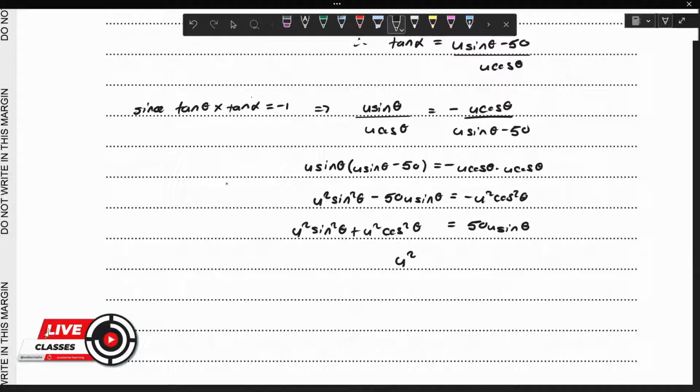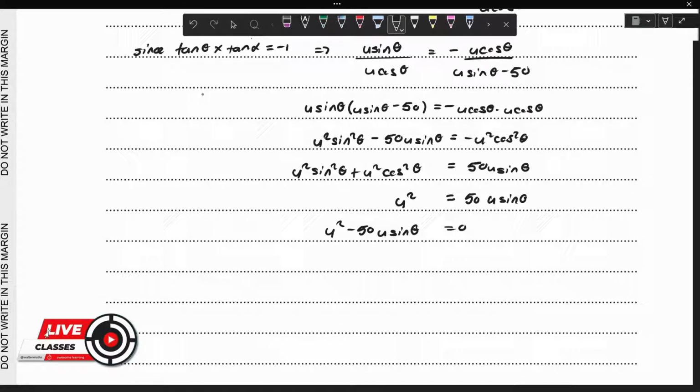On the left side, we get u squared. Do you understand why? Because when you factor out u squared, sine squared theta plus cos squared theta gives 1. So we have u squared minus 50u sine theta is equal to 0. So u of u minus 50 sine theta is equal to 0. So u is either equal to 0 or u is equal to 50 sine theta.